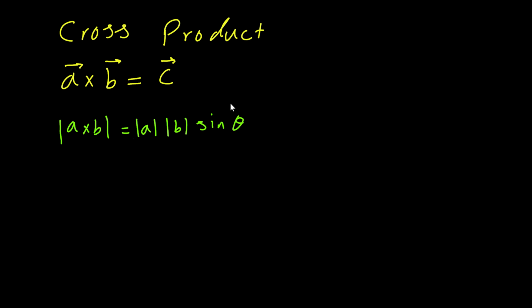So instead of cosine, we have the sine of the angle between the two vectors. And in another term, if we want to write it, it's going to be C, small c, meaning the magnitude of the resultant of the cross product is equal to AB sine of theta, and then sine of theta is going to be C over AB.